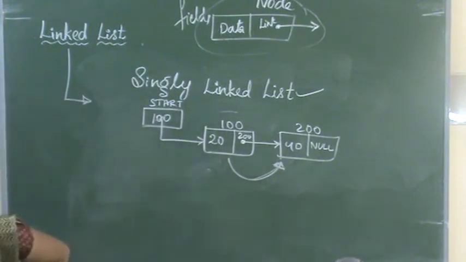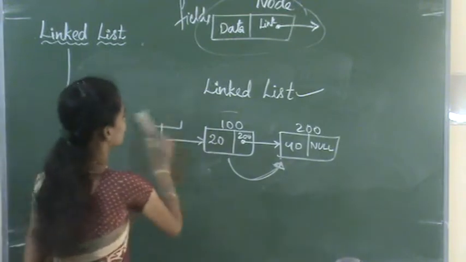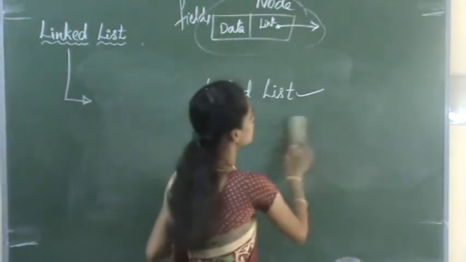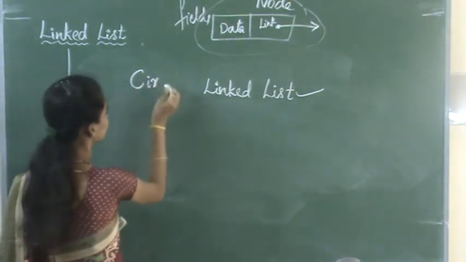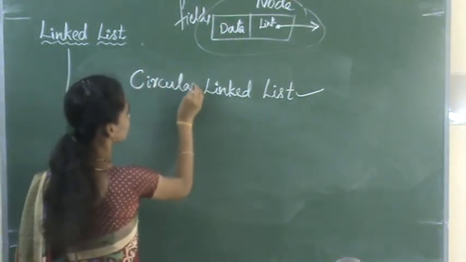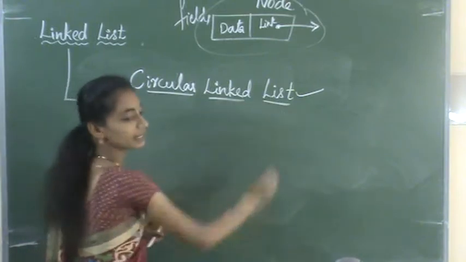Next, second one is circular linked list. As the name says, circular means it is interconnected with other nodes.